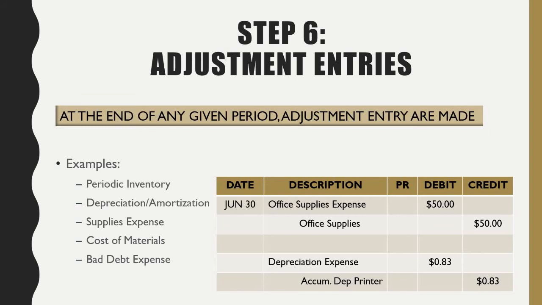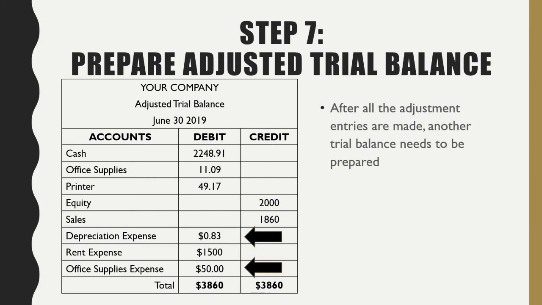Right? So once we've done all those extra journal entries for the adjustments, the same thing, because it's a cycle, right? Once we do our journal, we have to post it to our ledger, and then we do an adjusted trial balance, okay? So A-N, not A-U-N. Unadjusted trial balance, that's what you're going to do.